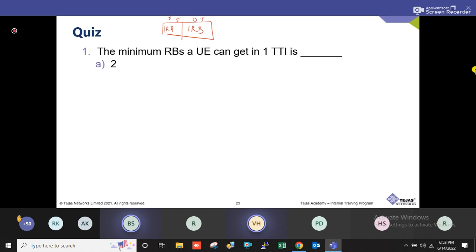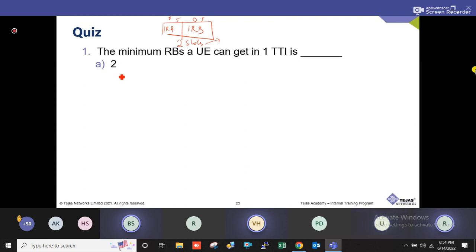Can we say it is about 2 slots or 2 RBs? You can say 2 slots, there is nothing wrong in saying 2 slots, because we will not get more than 2 slots in 1 millisecond. We can say 2 slots, or basically 2 RBs. Yes, it is correct.